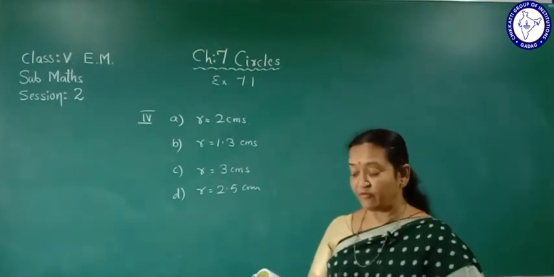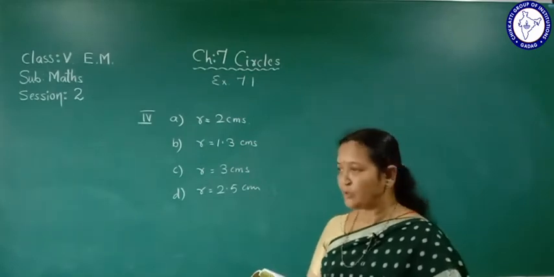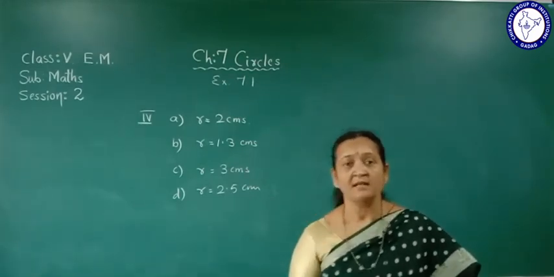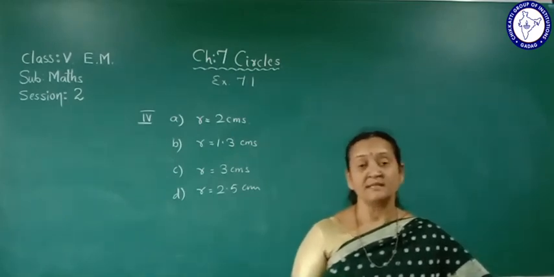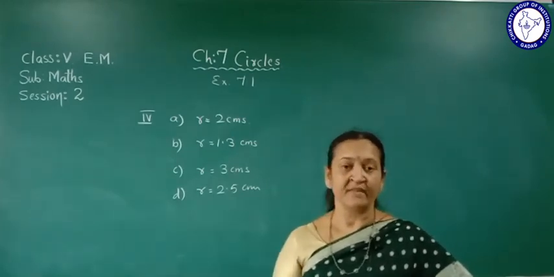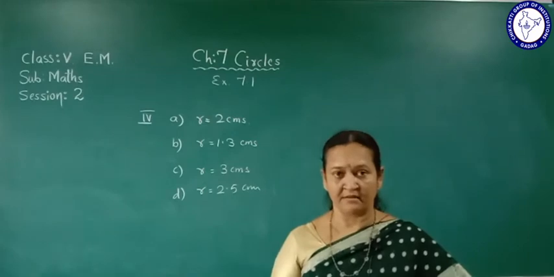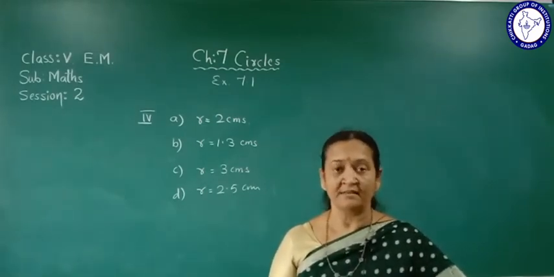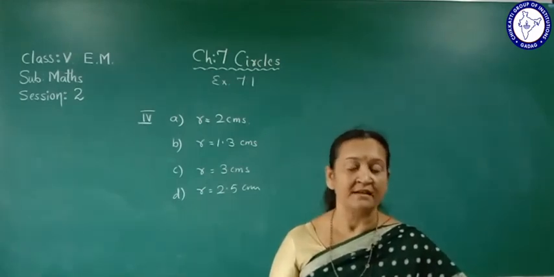Till here we learnt some objects in our nature, in our surroundings, where we find circles. Then what is the center of those circles? Then we learnt which is the radius of those circles, then how many circles are there in that figure.